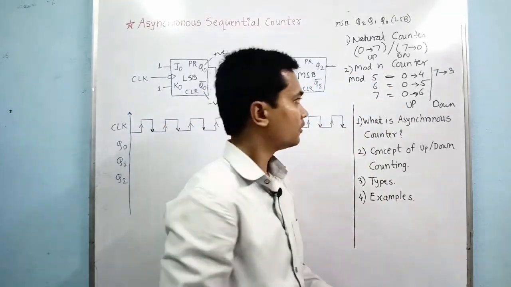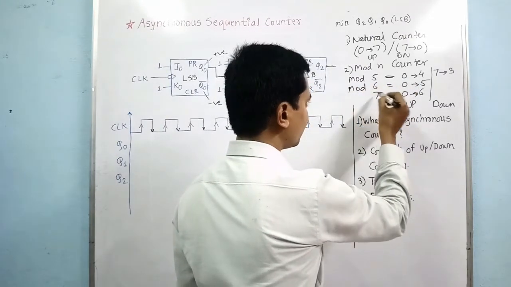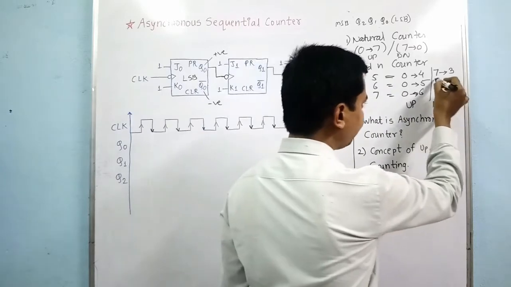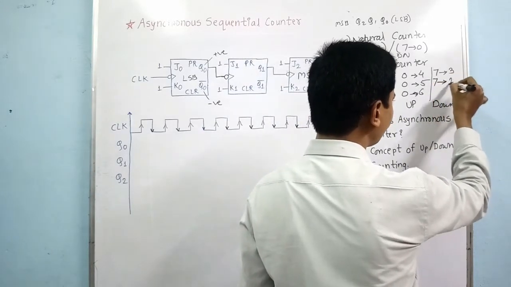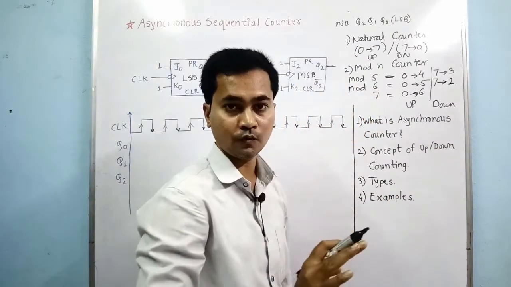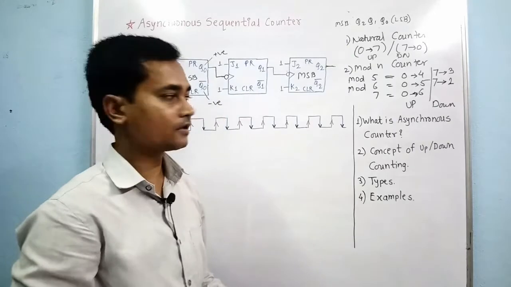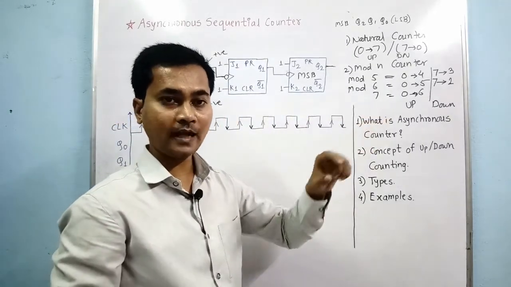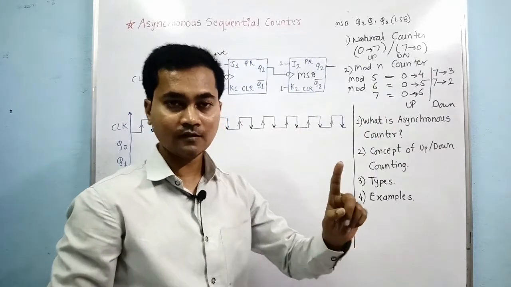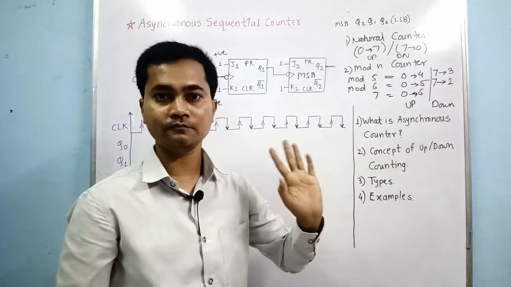Now next one is, in case of mod 6, for down counting, the initial value will be 7 and it will count down to 2. The value binary 1 will not remain here, that means it will arrive, but due to binary 0, 0, 1, the outputs will be set back to 1, 1, 1.